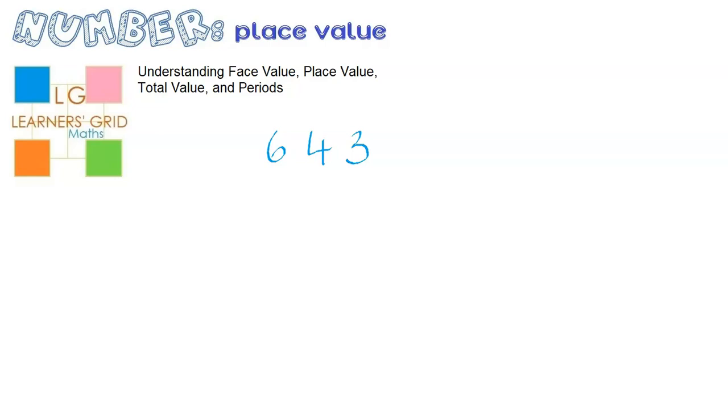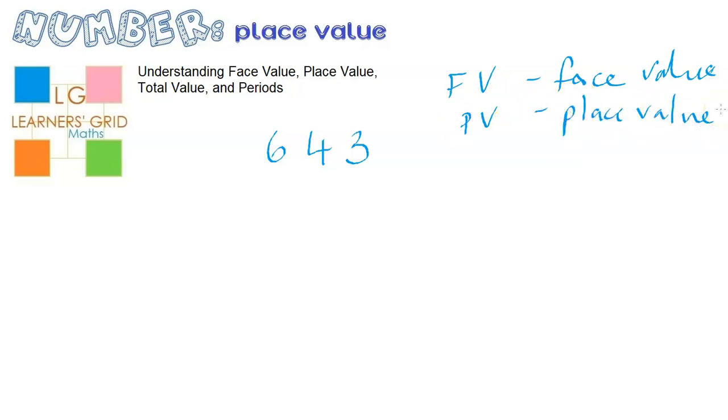Now, for each digit, there's their face value, which I'm going to call FV, right? That's the face value. And their place value, so PV, so that's place value. So those two things combined will determine their total value.